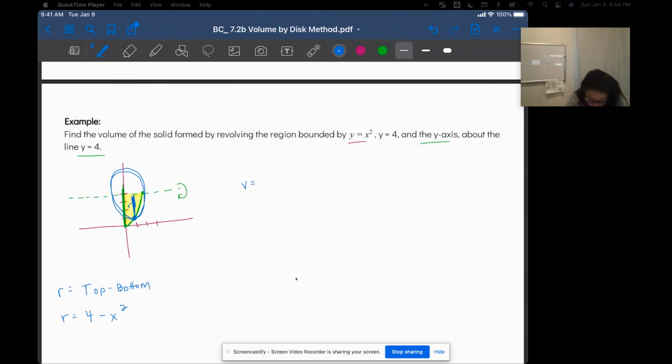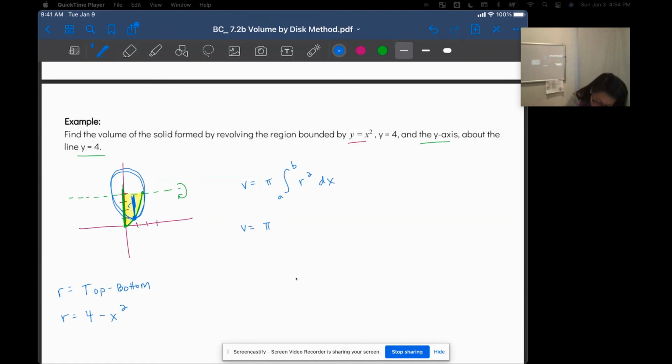So the volume is equal to pi times the integral from a to b of r squared dx, because we're stacking up circles horizontally. Think about a Hasselback potato, stacking the circles horizontally. That's dx.